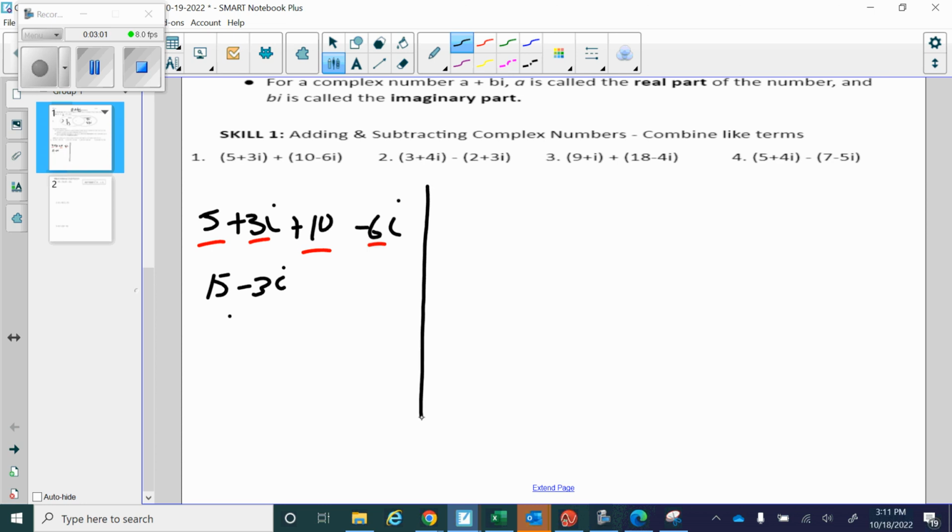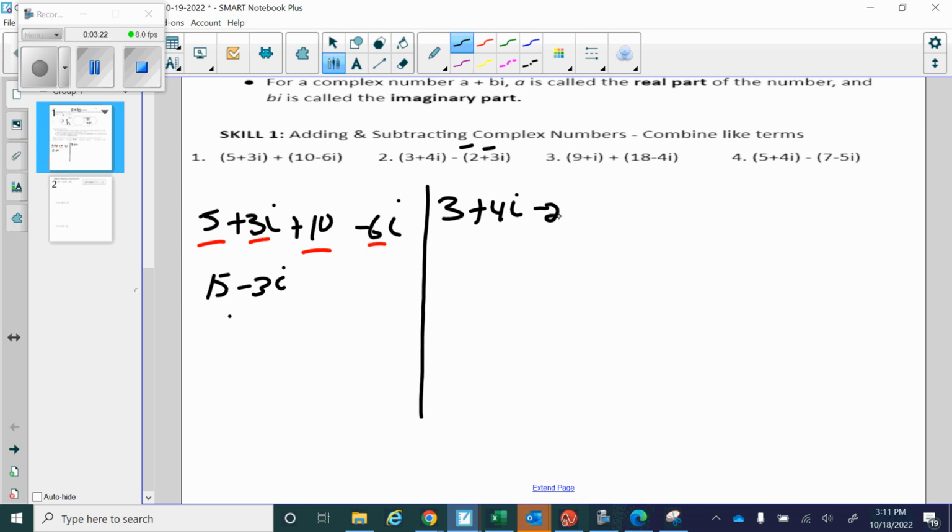But number 2, again, I'm going to remove the parentheses, and so I'm going to have 3 plus 4i. Now, when I remove the parentheses, all these signs on the right are going to flip. So I'm going to have a -2, -3i.